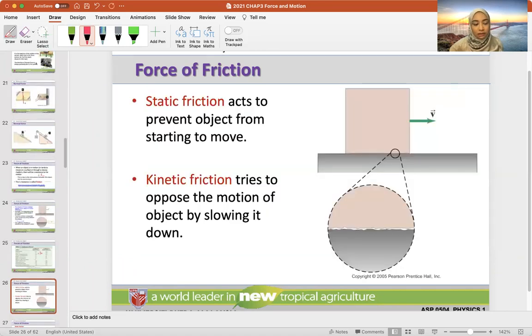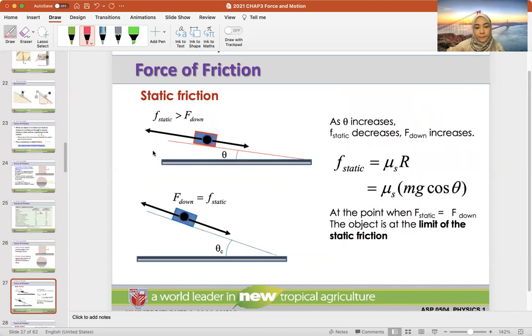Okay, hari ni cerita je, tak ada exercise pun. So forces of friction ada 2, static friction and kinetic friction. Static friction acts to prevent object from moving and kinetic friction opposes motion by slowing it down. So bila tengah gerak, dia nak bagi kita perlahan. Kalau static friction, kalau kita belum bergerak, dia tak nak kita gerak. Dia prevent us from moving.